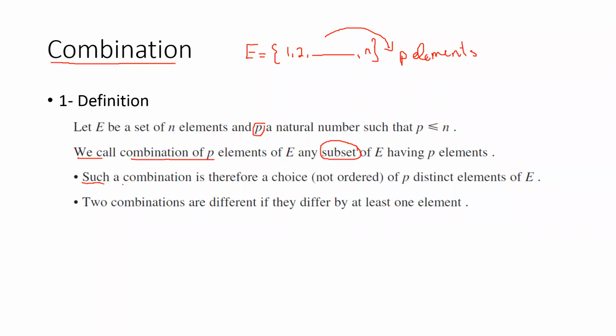Such a combination we call also a choice, not ordered, no repetition, of P distinct elements of E. It is not necessary to write this line.